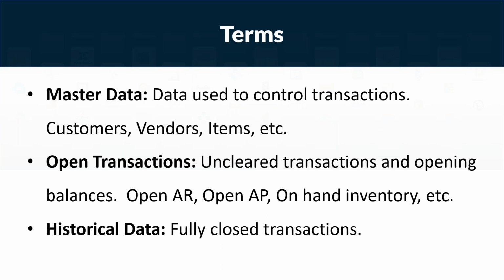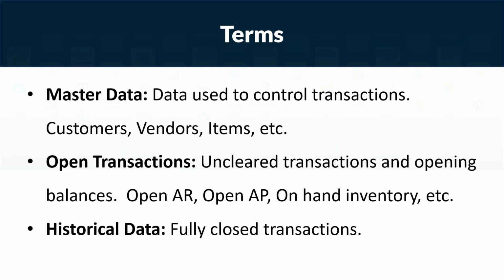Open transactions seem fairly self-explanatory, but it does bear repeating. Open transactions are any receivables, payables, any transaction in the system that's not been fully closed. So I issue an invoice, maybe I've received 50% payment on it. That other 50% that's not paid yet, that's an open transaction.